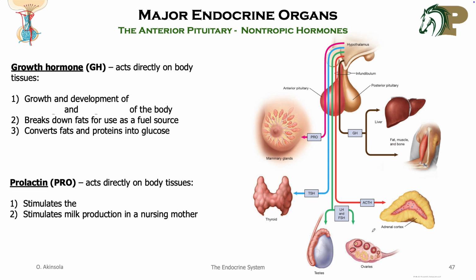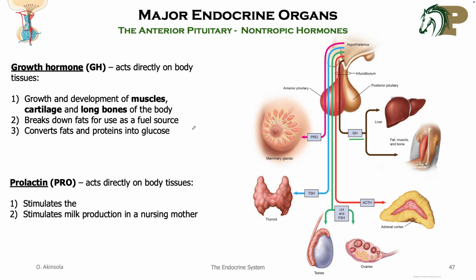Now, when it comes to the non-tropic hormones, that is growth hormone and prolactin, growth hormone, which is depicted over here, is going to act in a number of different areas. So it will stimulate the growth and development of muscles, cartilage, and long bones of the body.